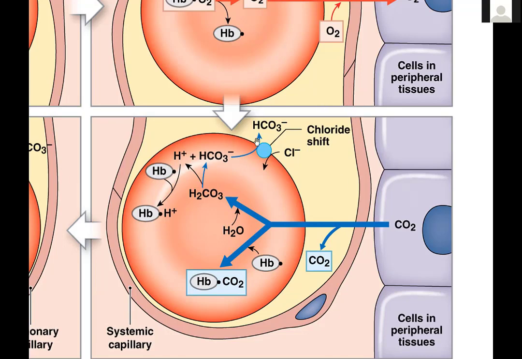The other component of this is the chloride shift. Now, this is important. It also has a funny name, not chloride shift. Chloride shift is a name for it. It's not the funny one. The funny name for it is the hamburger shift, because a guy named Dr. Hamburger discovered it. So if you see the word hamburger shift, it means this. So here's the deal with the blood buffer system and resisting pH changes in interstitial fluid.